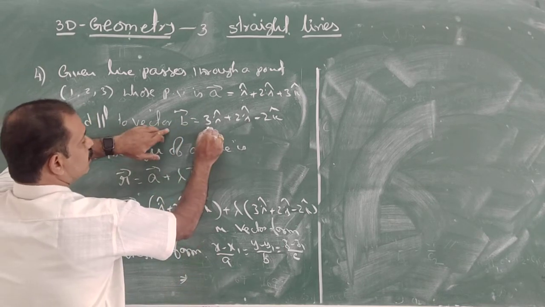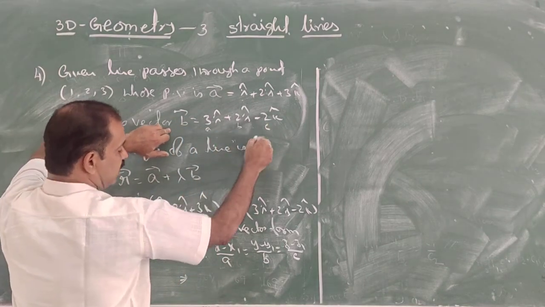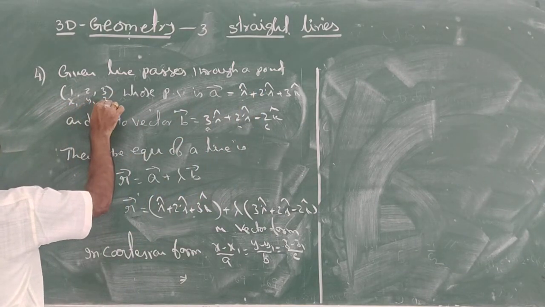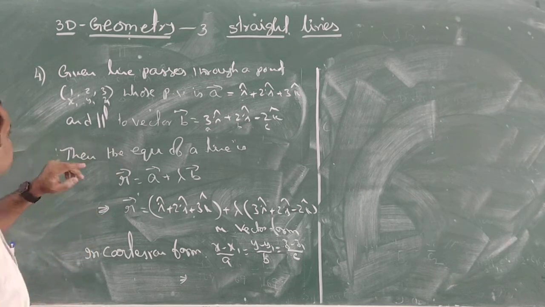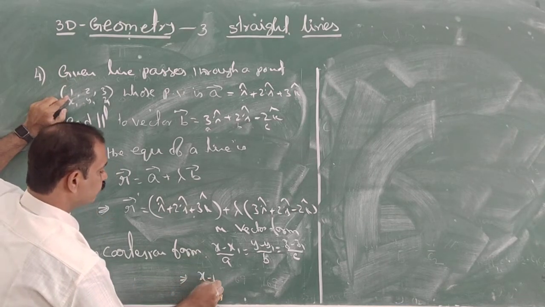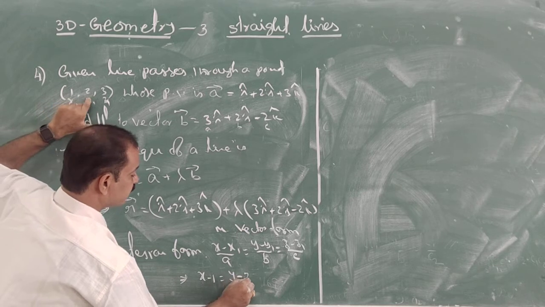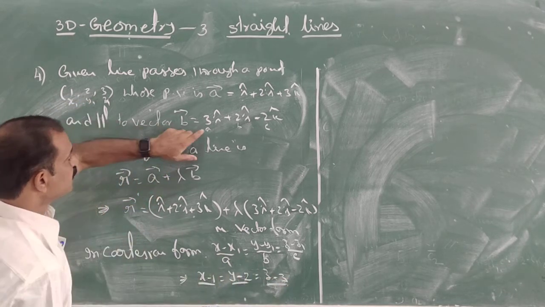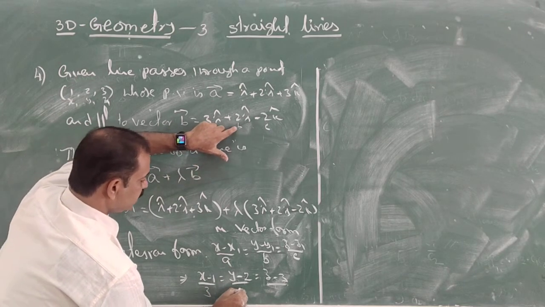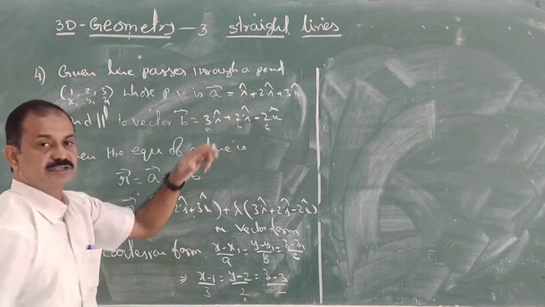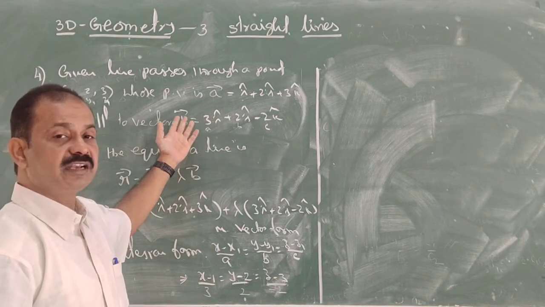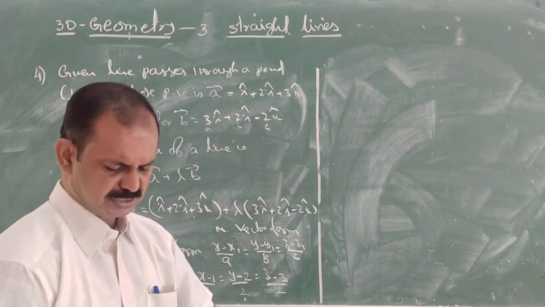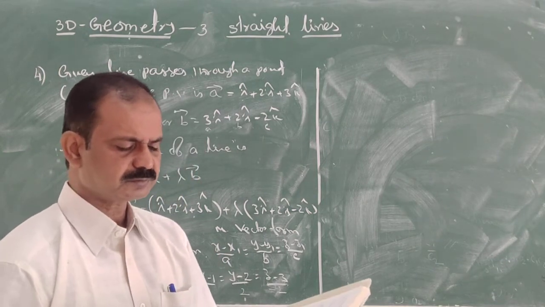And x1, y1, z1 are the coordinates of the point. So substituting, x minus 1 is equal to y minus 2 is equal to z minus 3 by DRs of the parallel vector 3, 2, minus 2. So you can directly write the Cartesian form. Next, come to the fifth one.